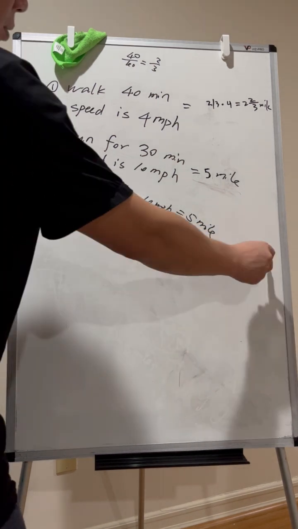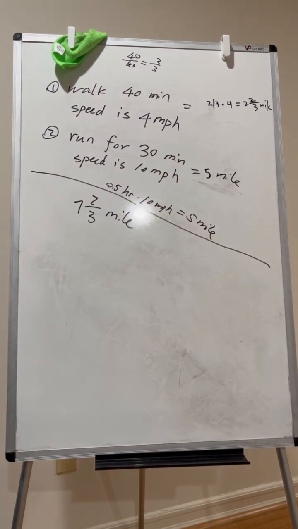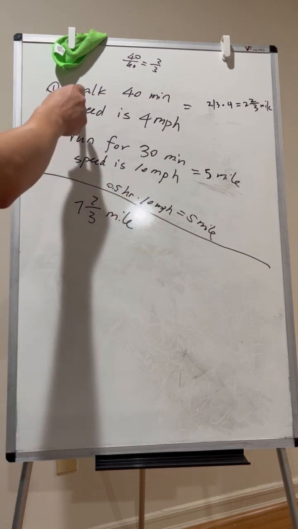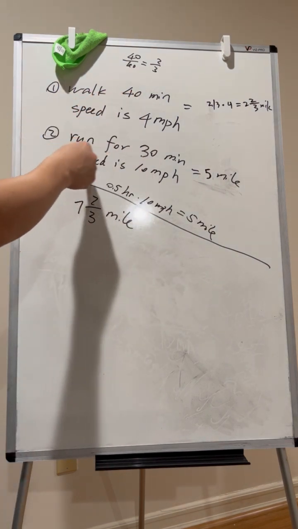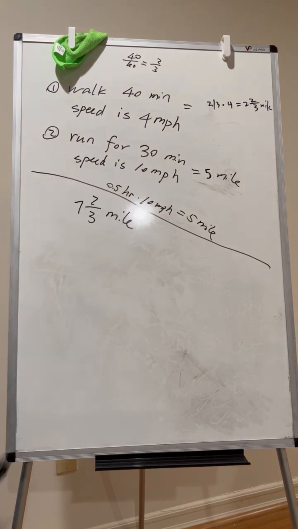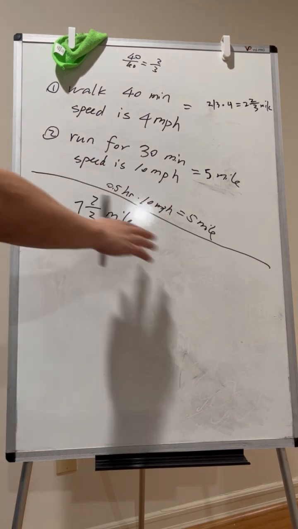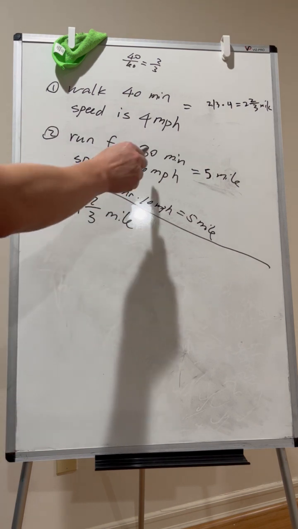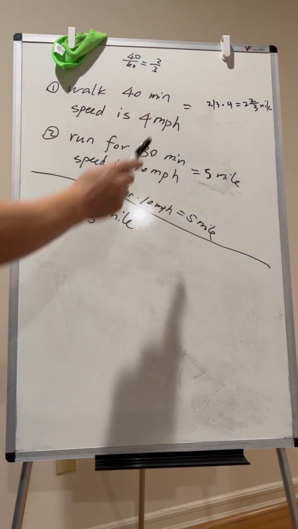Average speed means you keep that speed for the entire trip, for 70 minutes in total.